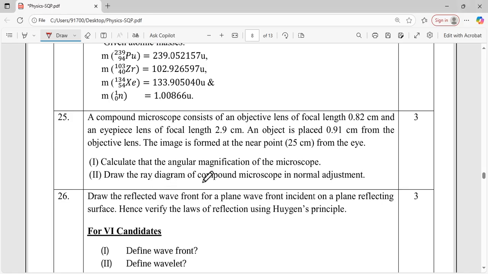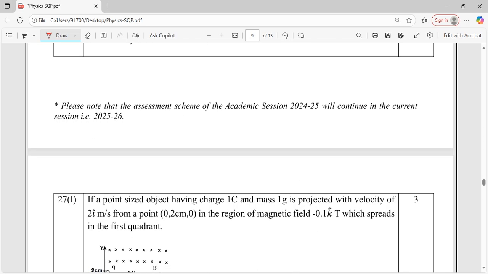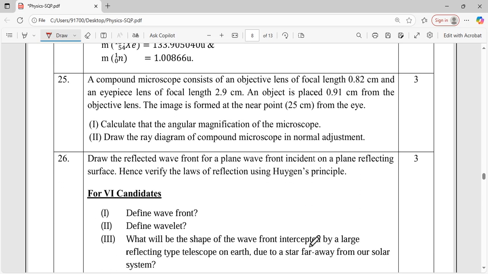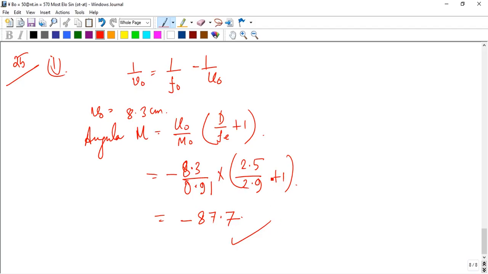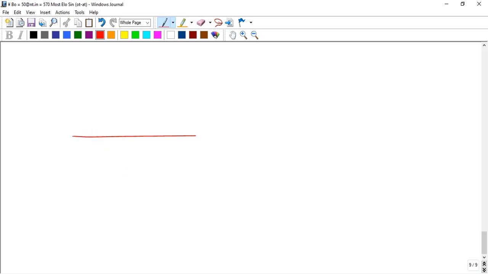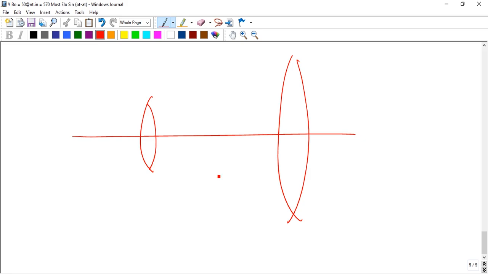Now draw the ray diagram of the compound microscope in normal adjustment. Normal adjustment means, suppose here is a lens, and here is a bigger lens. There's the objective O, there's the eyepiece E. Suppose there is an object here.